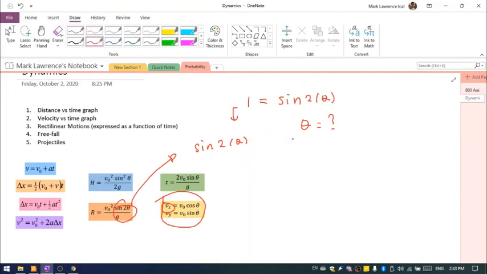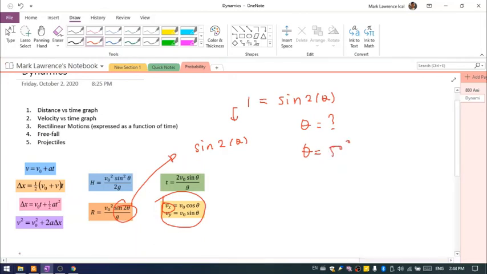sine 2. So radian, naka-radian siguro to. So 50 degrees. Sabi dito at 50 degrees daw yung 50 degrees.